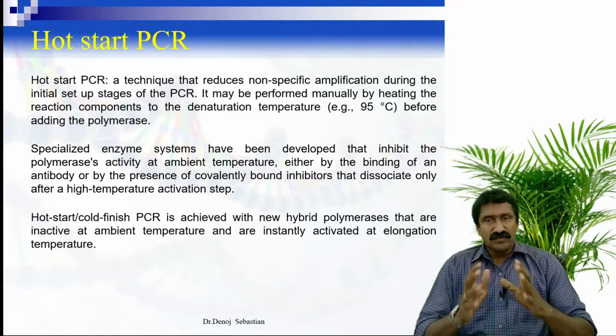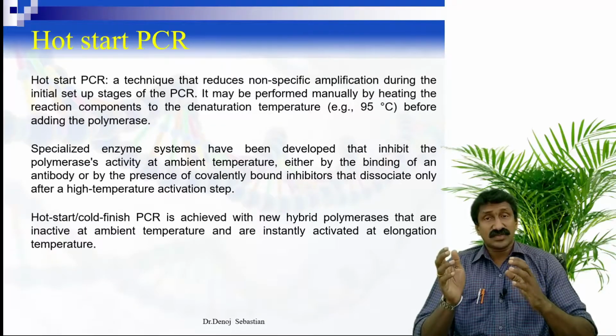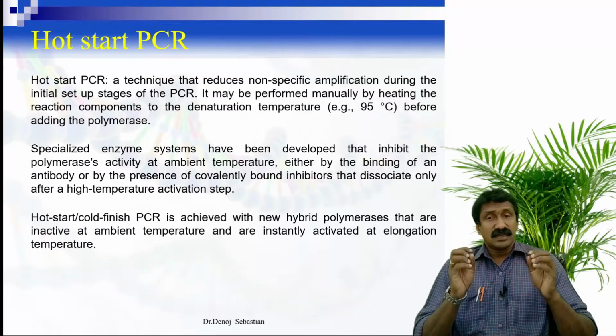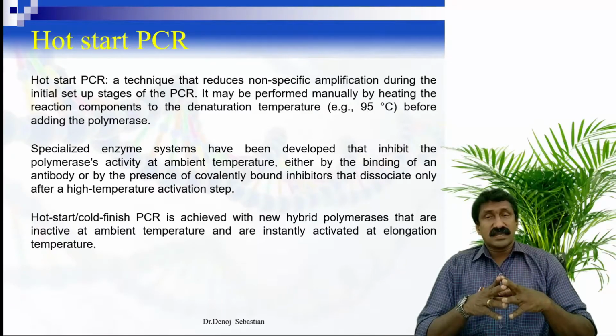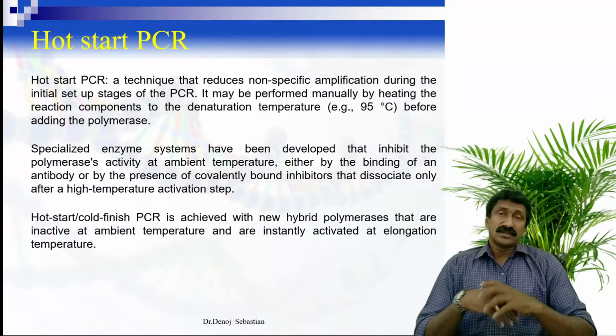Hot start or cold finish PCR is achieved with new hybrid polymerases that are inactive at ambient temperature and are instantly activated at elongation or high temperatures. So there are specialized hybridized polymerases other than the standard ones, and also some other methods in which it is activated only at high temperature, not at ambient temperature.